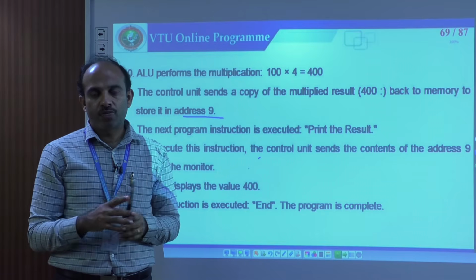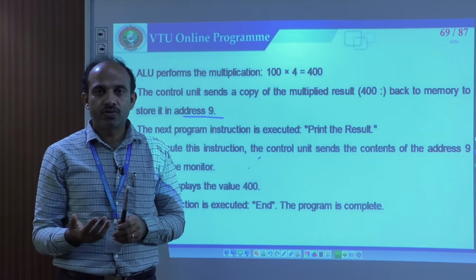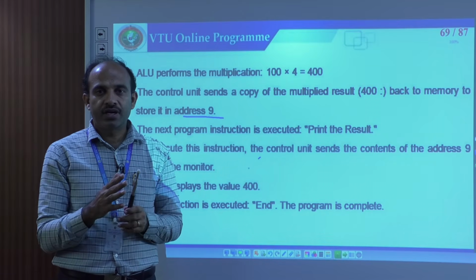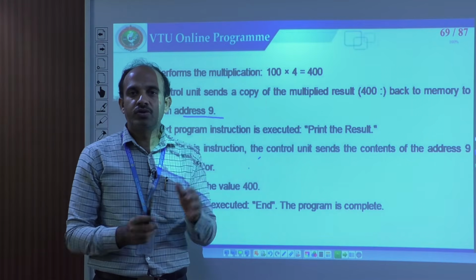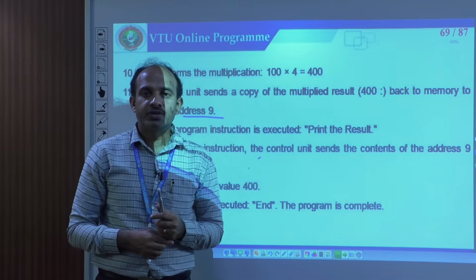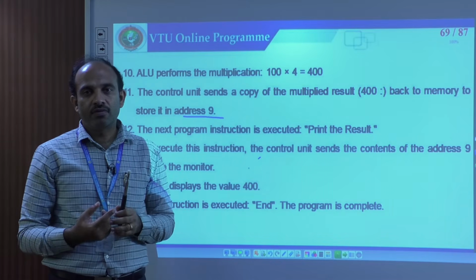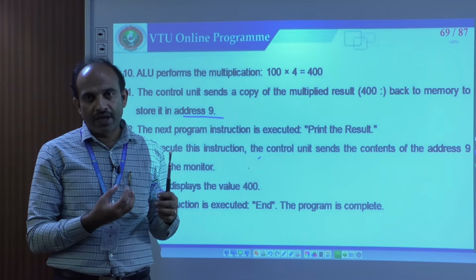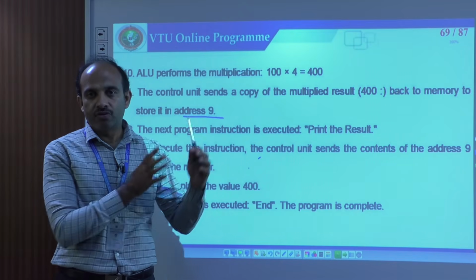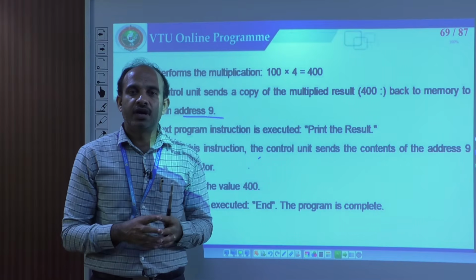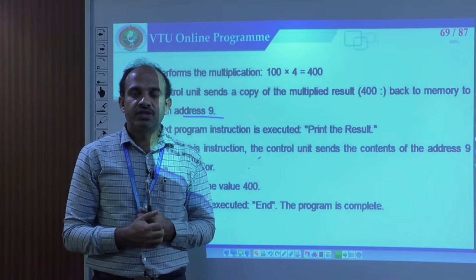The same procedure happens for the second number also. Now we have both the first and second numbers, and it gives the instruction to the ALU to do the task like multiplication. The ALU does that work, and then the control unit takes the copy of that result 400 and stores it into the memory unit again, and then it sends the signal to the output.